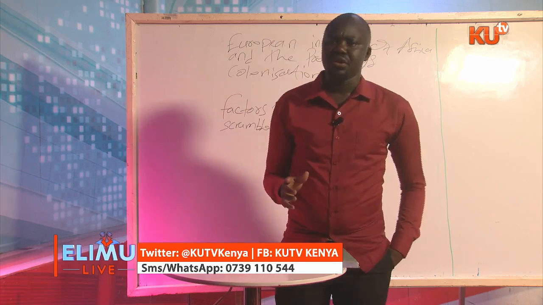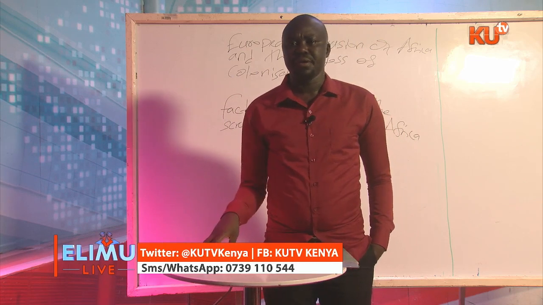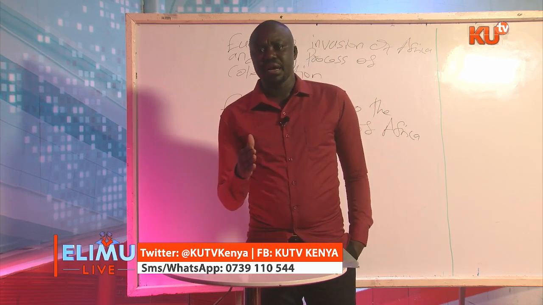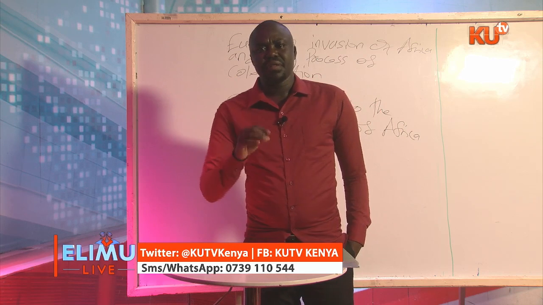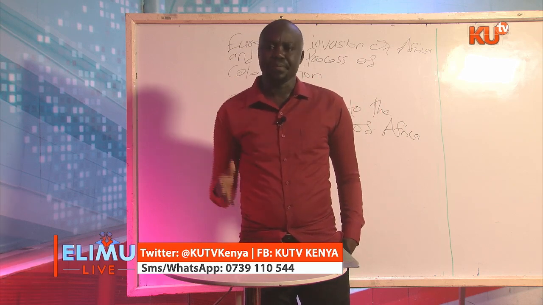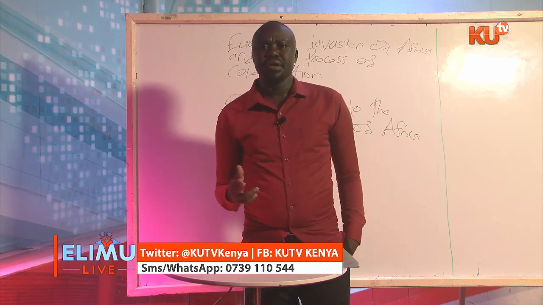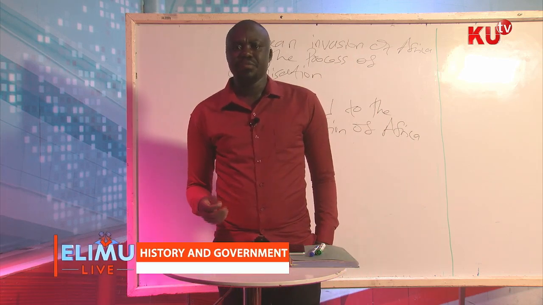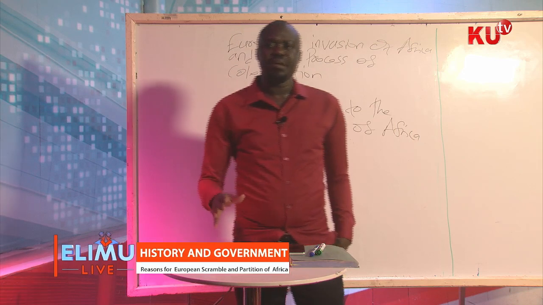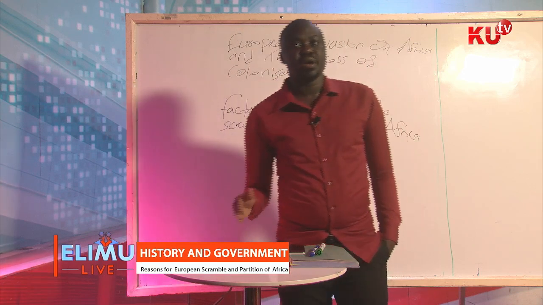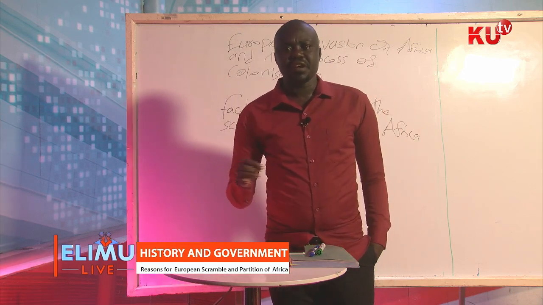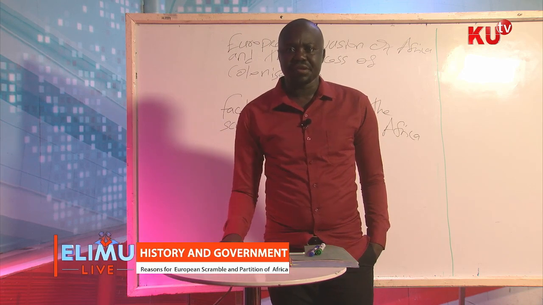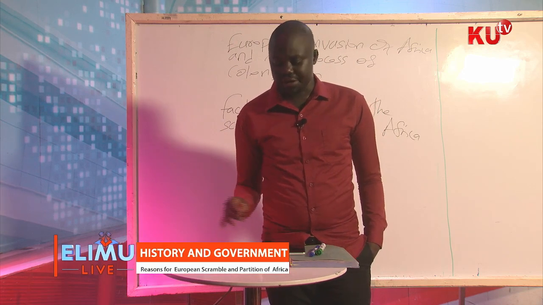For instance, what is partition? Partition is just the art of subdividing. Then scrambling: even at home, if you are very many siblings, you may be scrambling for food, you might be scrambling for power and everything. So there are various factors that made the Europeans scramble for Africa.